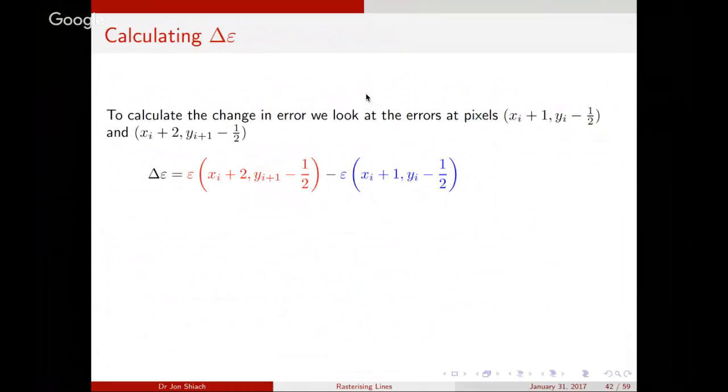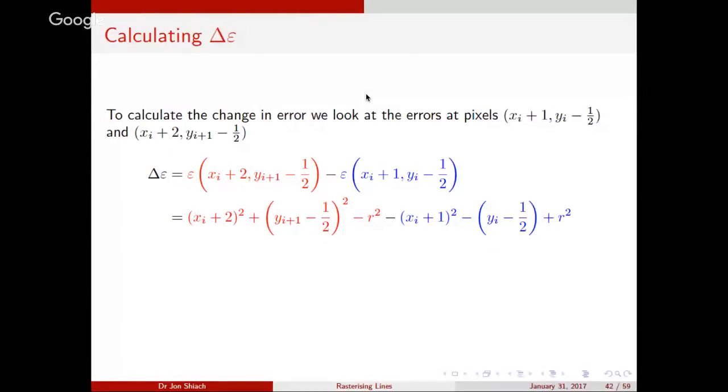Now the coordinates of the midpoint 2 steps to the right is x plus 2, then we've got this y subscript i plus 1. We don't know what y_i+1 is. So again, we're going to update it based upon what choice we made. Put that into the expression for the error. So the error was x squared plus y squared minus r squared.